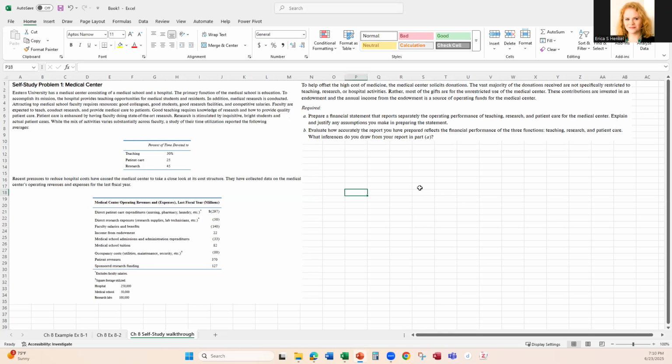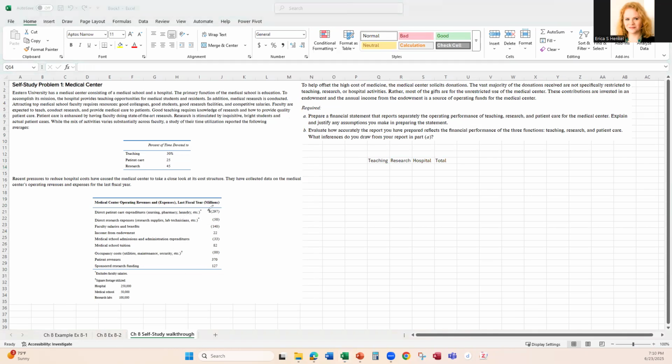So if we set up a financial statement here, which they did in the text, but I'm walking through this because they kind of skip steps in the text, and I want to just make sure everybody understands what the logic is that's being used here. They're going to allocate out all of these items also here.